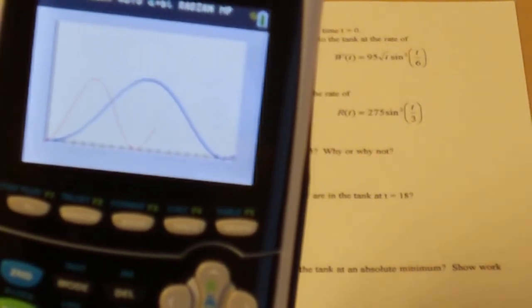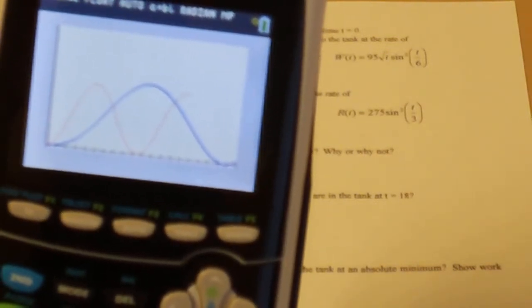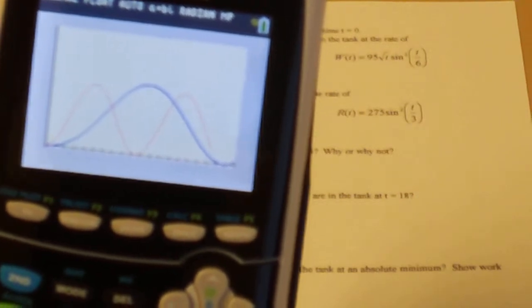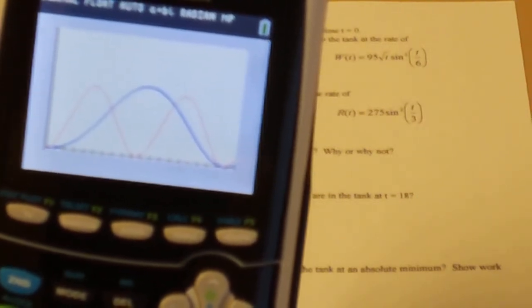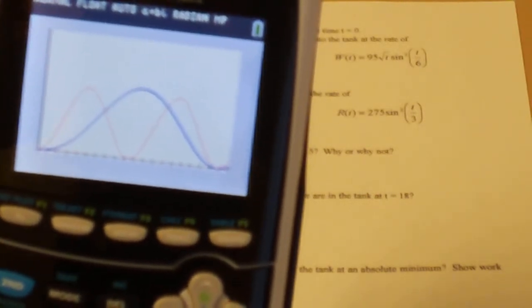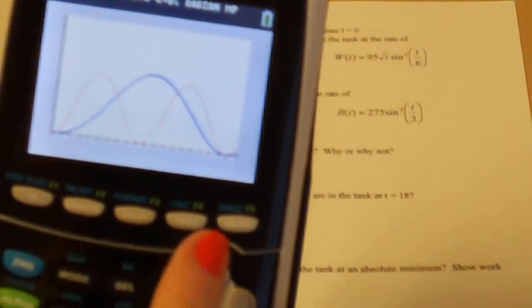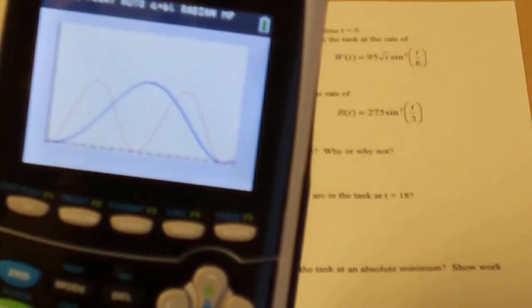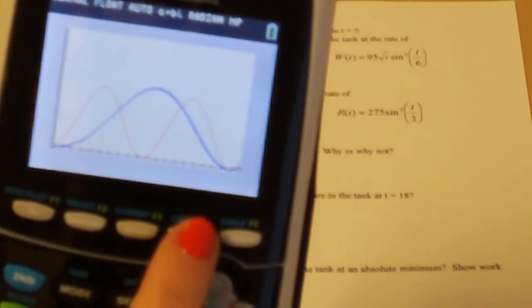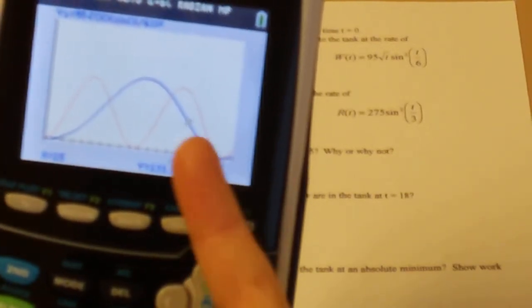While that's graphing, let's go ahead and look at question A. Is the amount of water in the tank increasing at t equals 15? Why or why not? Now if you want, go ahead, hit pause, and see if you can get an answer for this question on your own. What I want to do is look at 15 hours, so I'm going to trace 15 and see what happens.